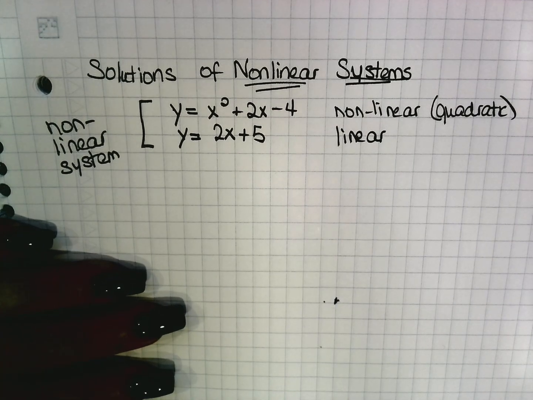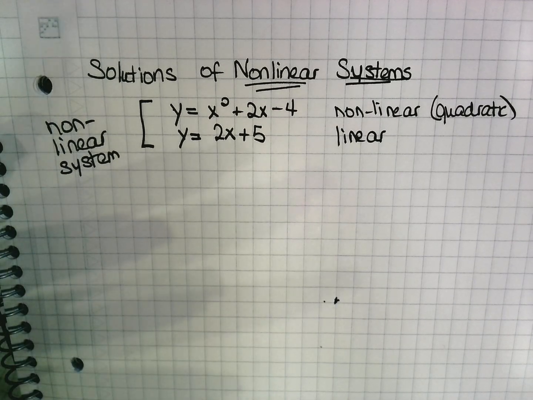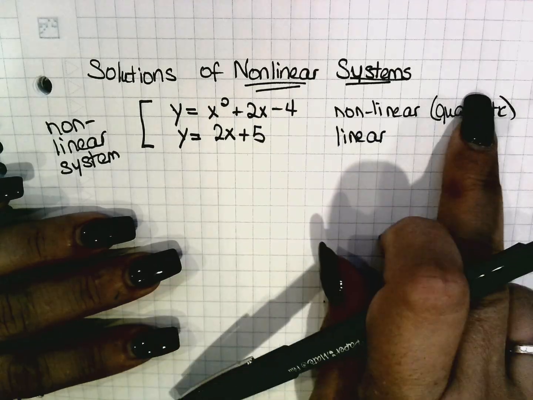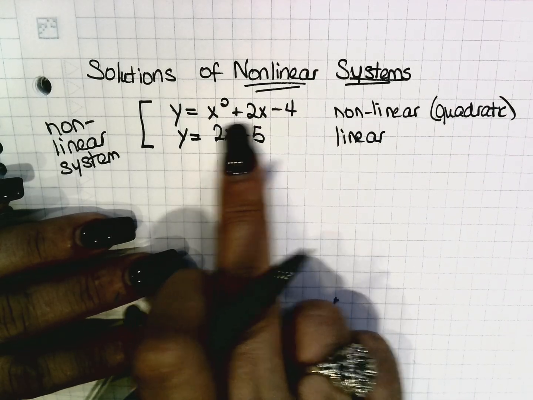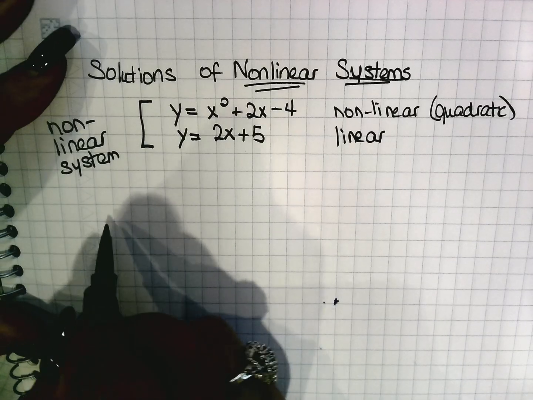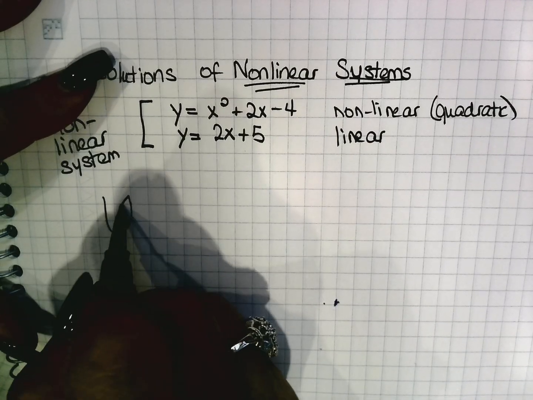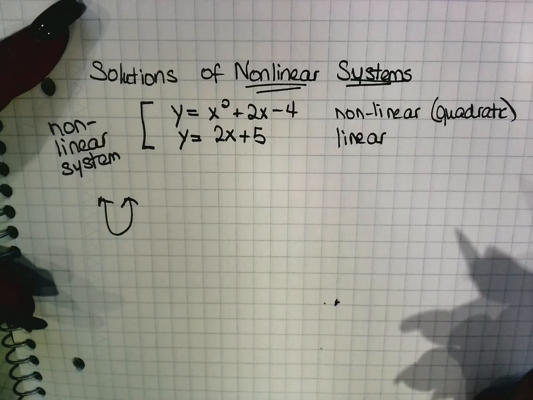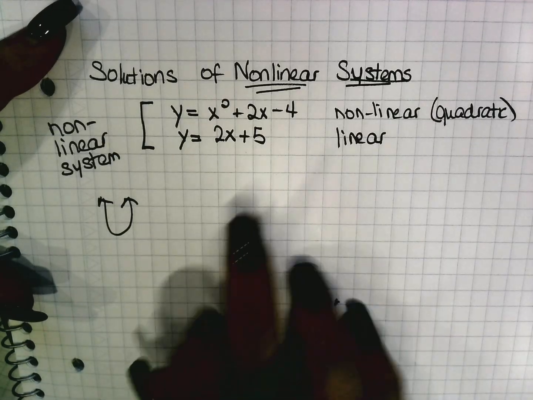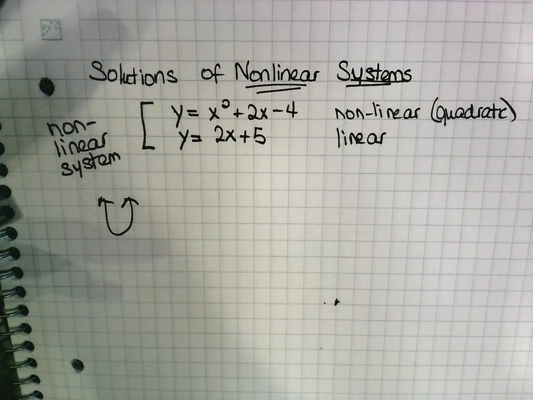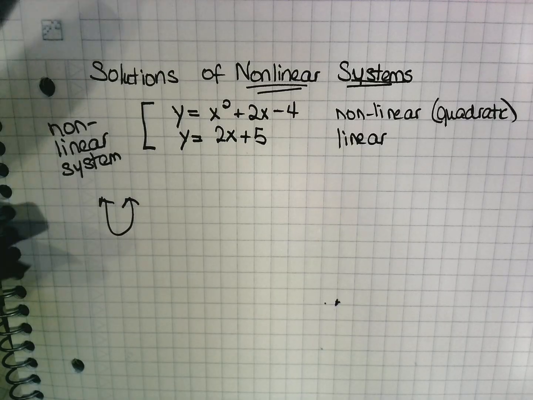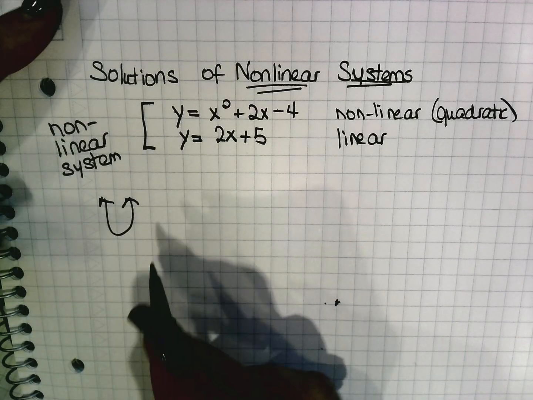So what possible solutions can we have here? Well, I mentioned just a minute ago that this is a quadratic, and we know what a quadratic looks like. You get a parabola as the shape of its function. And this is a line. So there's really 3 possible solutions here.